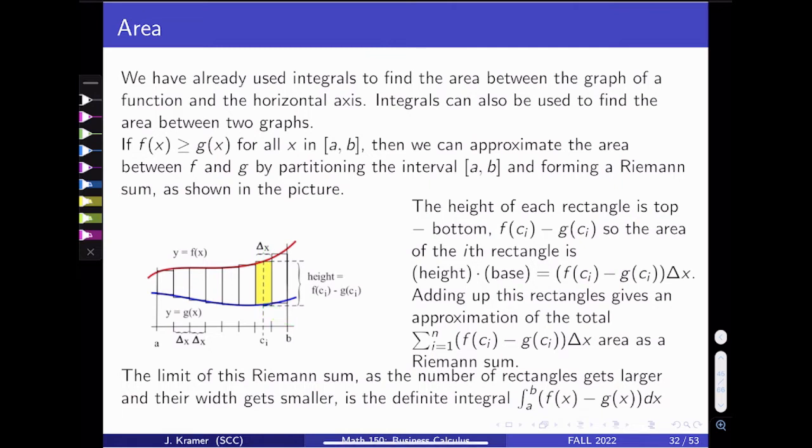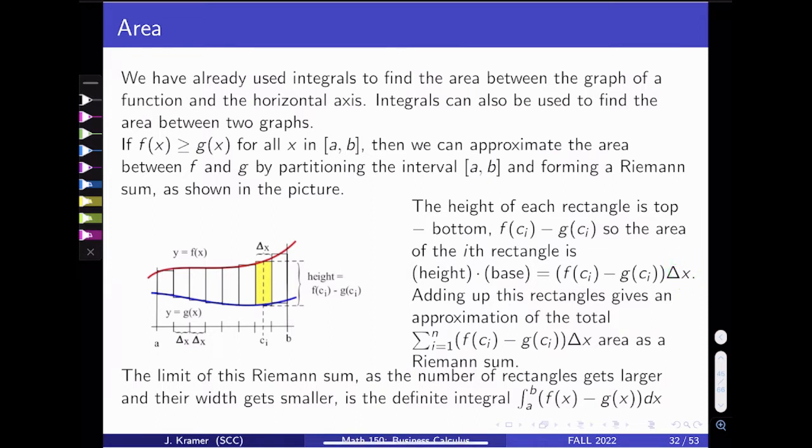And so at a particular point c sub i, that would be f of c sub i minus g of c sub i, so that the area of the ith rectangle, which is height times base, would be f of c sub i minus g of c sub i times delta x, which is the width of every rectangle, and we try to keep delta x the same over each rectangle.